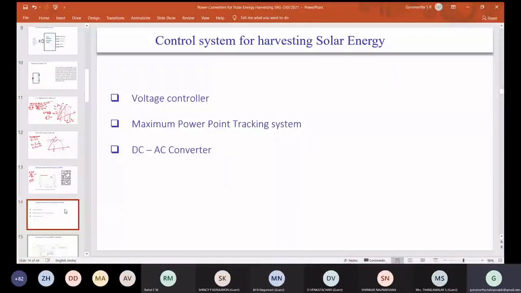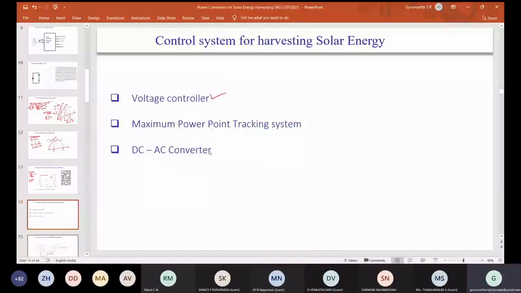Now we have to design a power converter to match this characteristic with the load characteristic, to make the source compatible with the load. We are basically thinking about a voltage source, so we need a voltage controller.